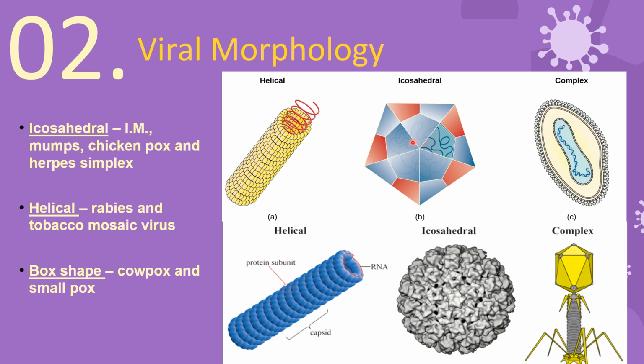Ito siya. And the complex is described to have a more complicated structure or shape. So, pwede siyang box shape or any other shape besides the helical and the icosahedral. So, these are examples of viruses with this morphology.